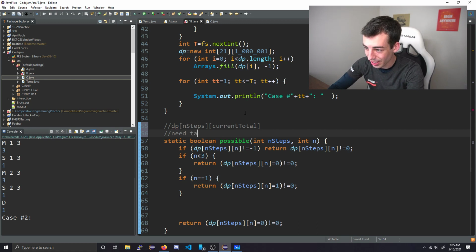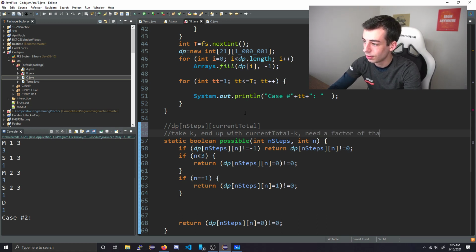So you take k and end up with current total minus k. Need a factor of that, which is also just a factor of us. Yeah, so you can take any factor of us.